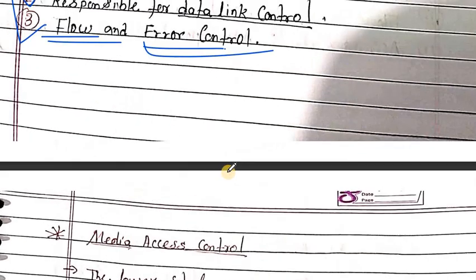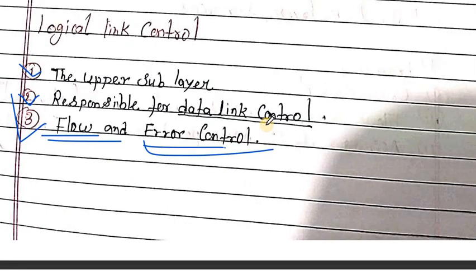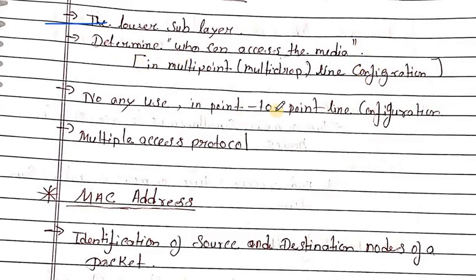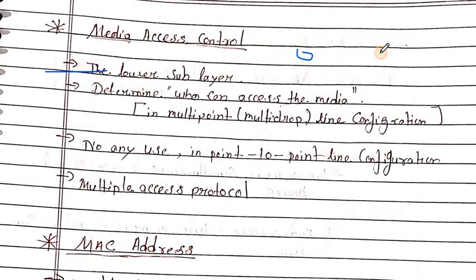Now the second sublayer, media access control. It is the lower sublayer, and it determines who can access the media. If there is one host and many receivers on a channel, then at a time only one can send a message, so it determines who can access the media.